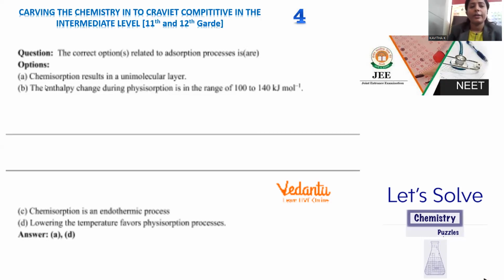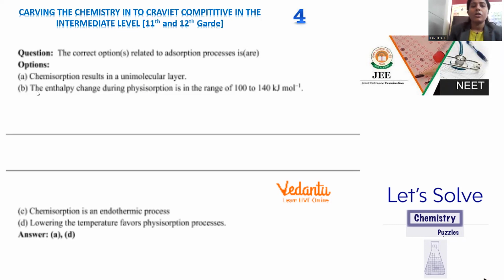If both are bound by chemical bonds, that is said to be chemisorption. If bound by van der Waals forces, then it is said to be physical adsorption. They are saying chemical adsorption results in a unimolecular layer. Let's see whether it is correct or not.